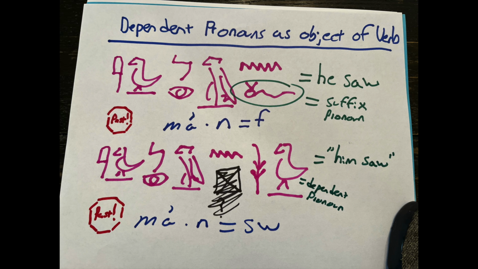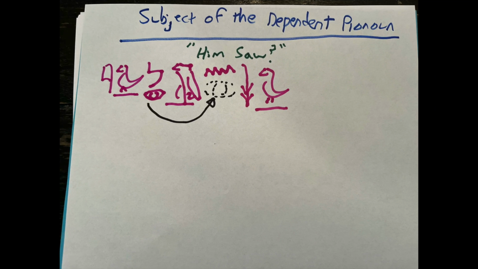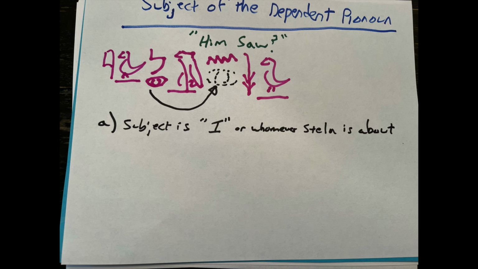So this would be him saw? Doesn't quite make sense. Well, first let's move the determinative for saw, the I. Instead of putting it in the front, we can move it under the N to make it aesthetically look nicer. So that's just an aesthetic graphical transposition.